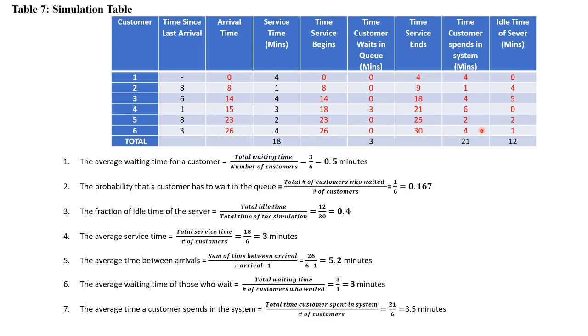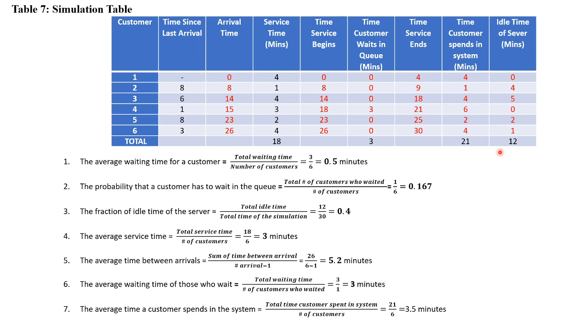There's no waiting there. Then the idle time of the server is 1, because when customer 5 left at time 25, customer 6 entered at time 26. So 26 minus 25 gives us 1.